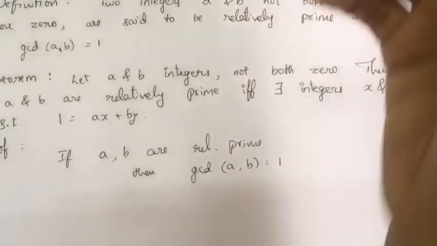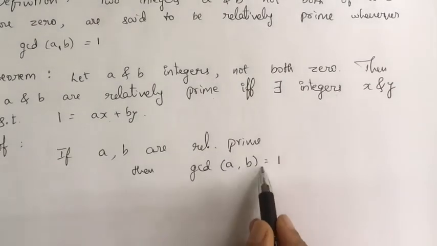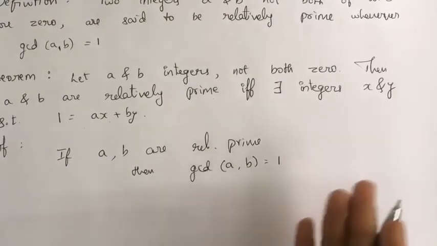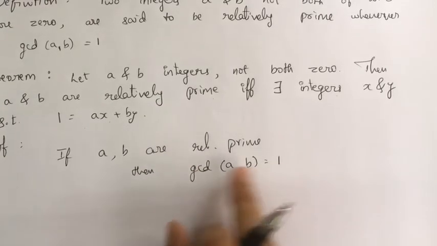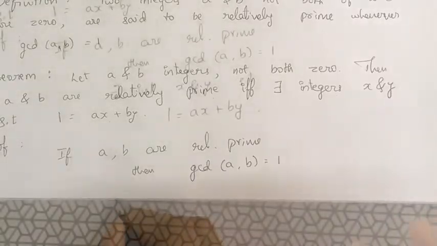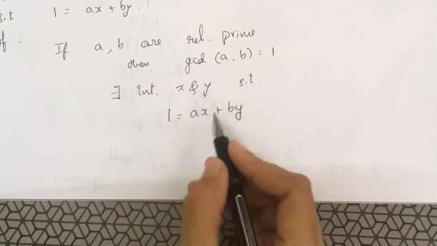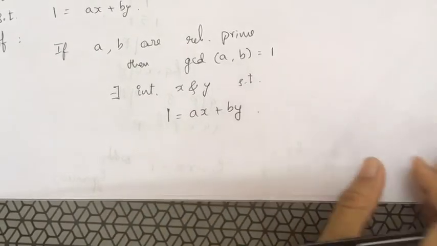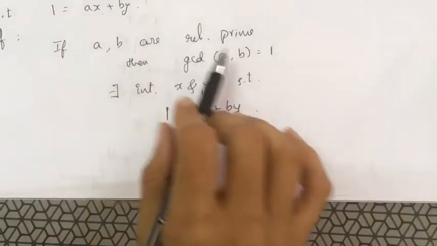Then from the theorem which we have proved earlier, there exist some integers X and Y in such a way that I can write the GCD as AX plus BY, right? For some integers X and Y, 1 is nothing but AX plus BY. The first part is over.